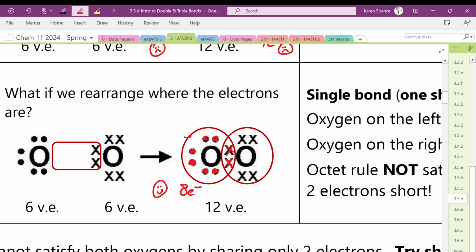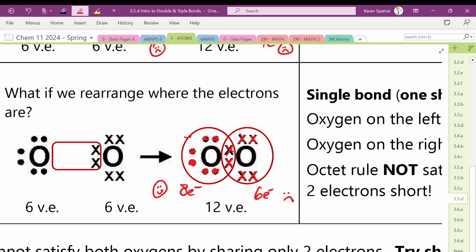But this oxygen on the right, how many electrons does it have? Count them. Tell your partner, how many electrons in the oxygen on the right? 6. Is that happy? No. So we cannot satisfy oxygens by having one bond.